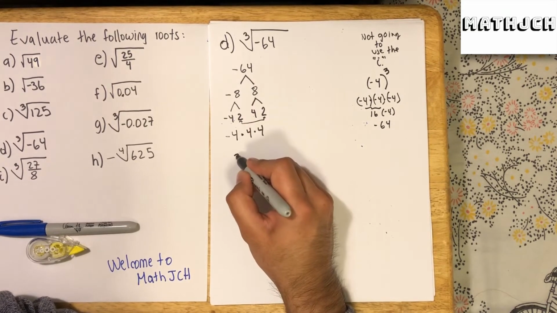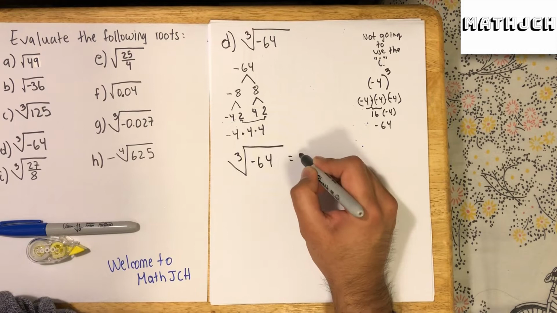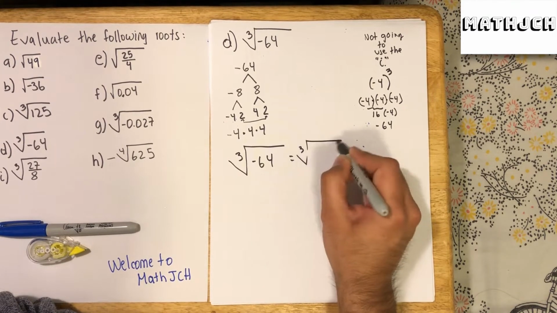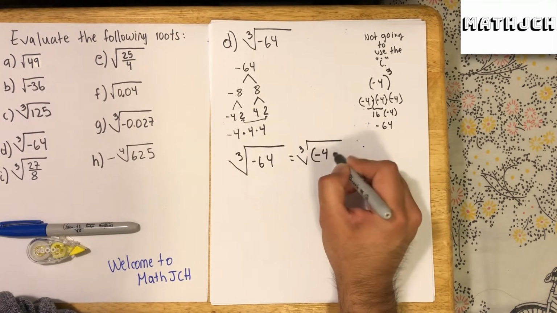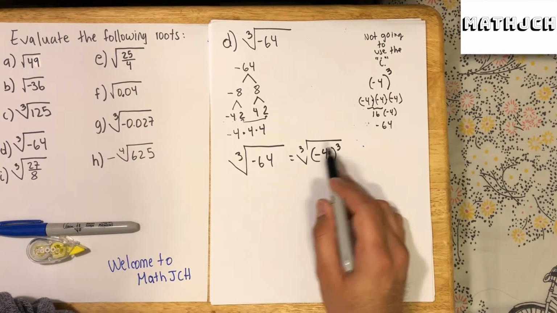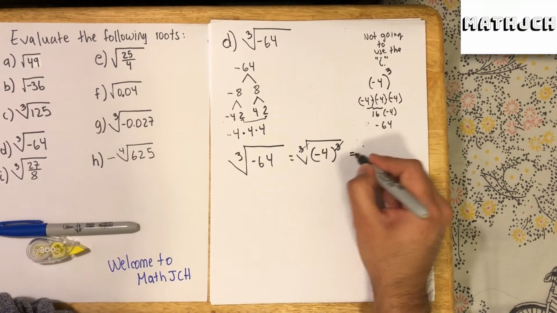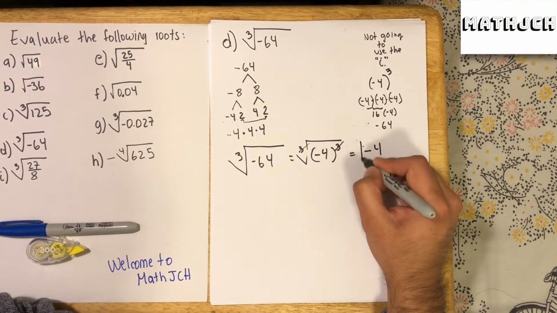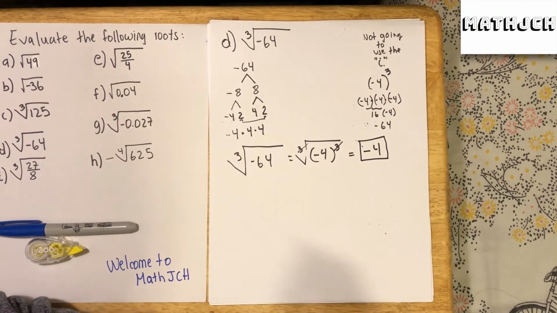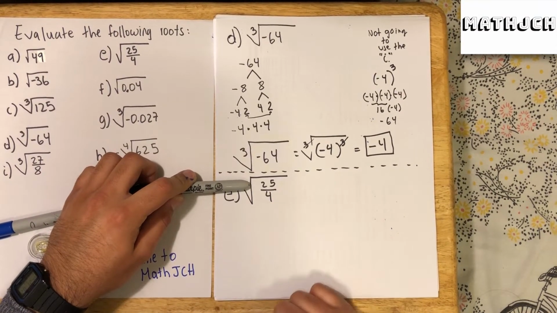So the cube root of negative 64, I could rewrite as negative 4 to the power of 3. And again, power of 3 and index 3, they will cancel out, and I'm left with negative 4.